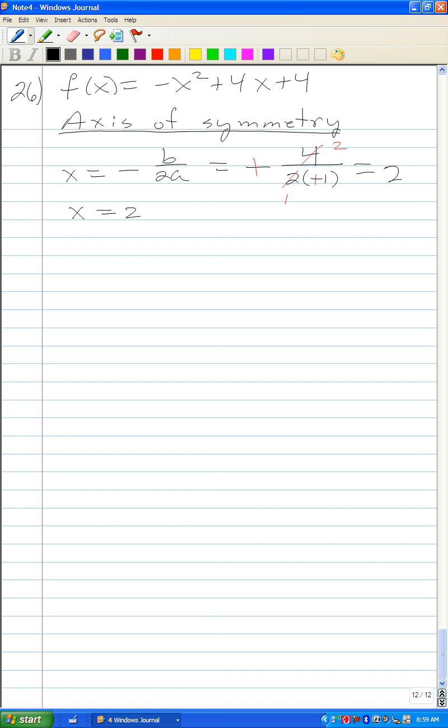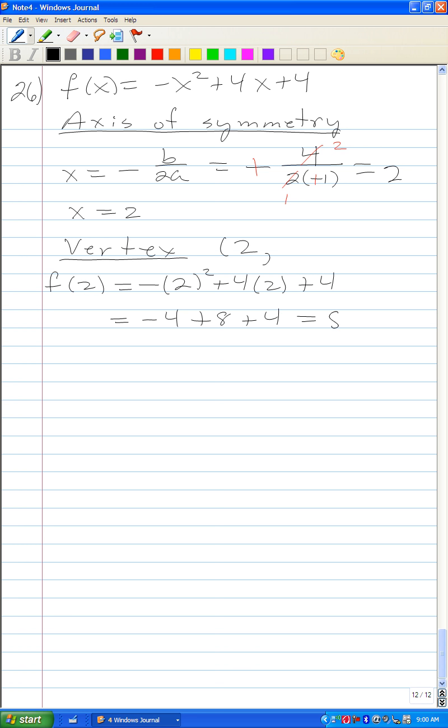Let's determine my vertex. The x-coordinate of the vertex is 2. Let's determine the y-coordinate of the vertex. Negative 2 squared plus 4 times 2 plus 4. Negative 4 plus 8 plus 4 is 8.